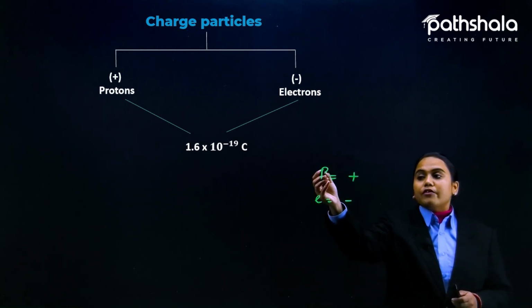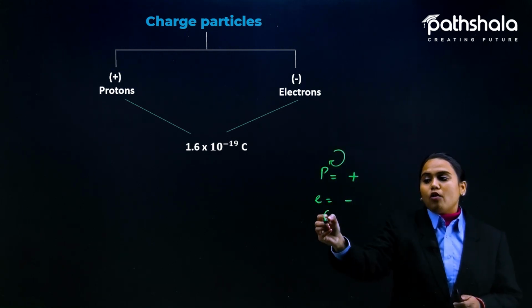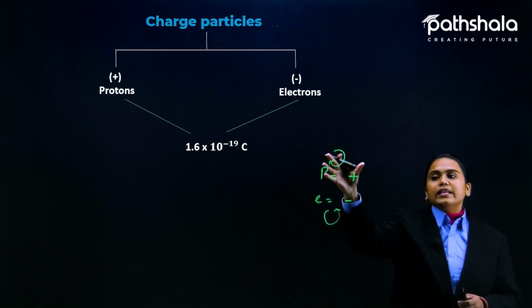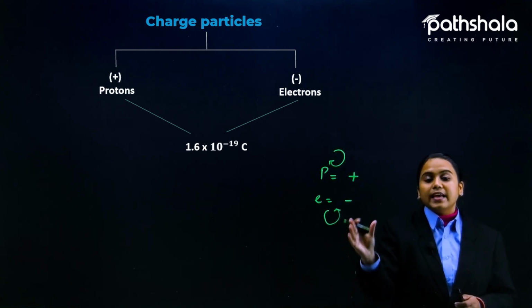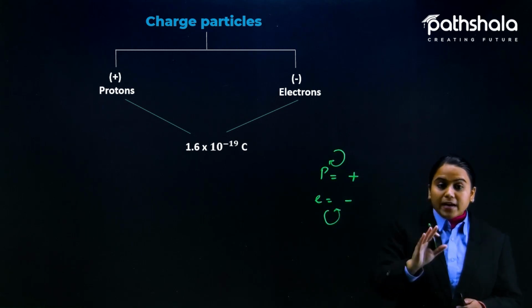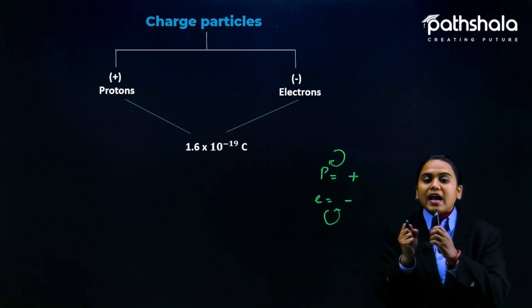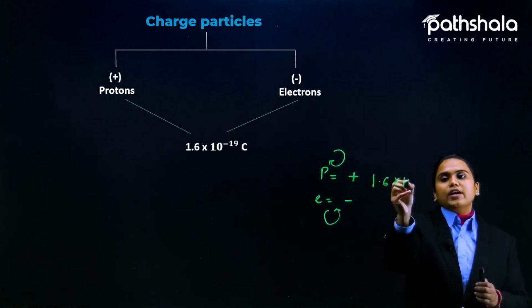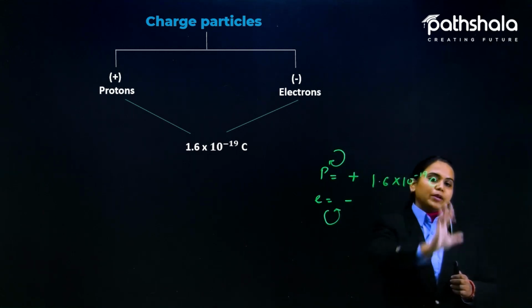Because protons are revolving in some direction and electrons are revolving in the opposite direction. That is why if we consider this one positive, we have to consider this as negative because it is revolving in the opposite direction. But the charge that they are holding, the amount of attraction on a single one, is equal to 1.6 into 10 to the power minus 19 coulomb. Okay, that you have to keep in mind.